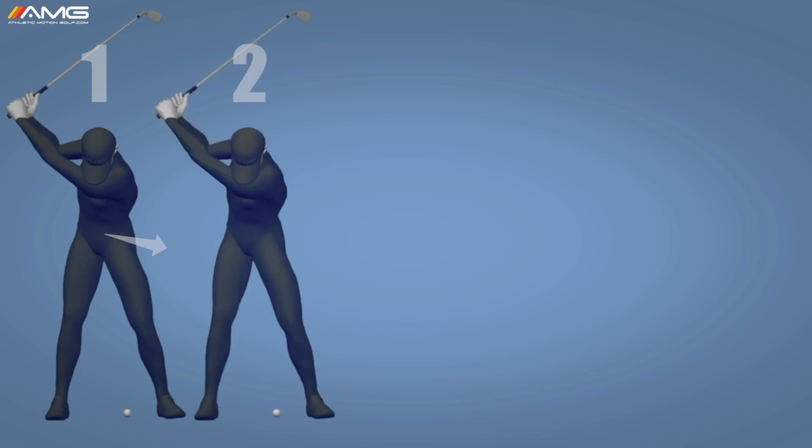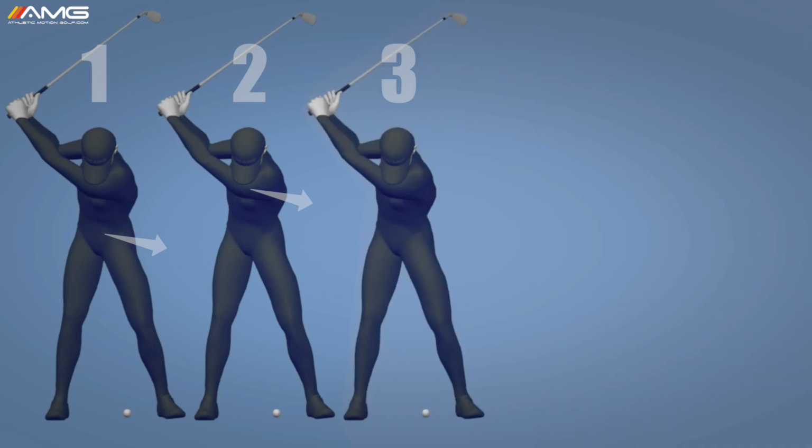Next, very shortly after, really indistinguishable by the images here, his upper body sways towards the target. That's the second part of his transition. You can call that slide, translation, shift, surf, whatever you want. The body moves laterally, both away and towards the target, and that's what starts the transition.